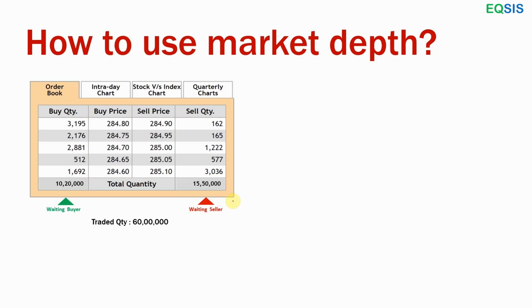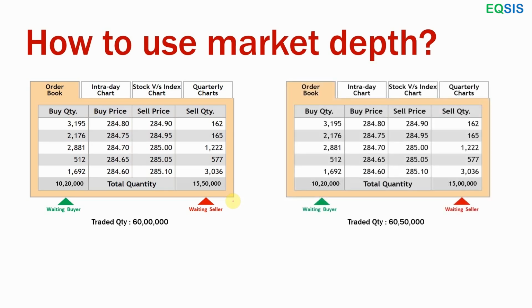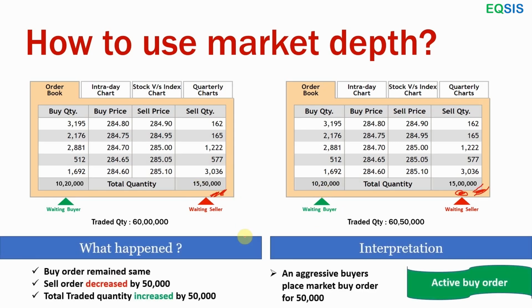It is very important to see this now. Look at this change. There are about 10,20,000 buyers, and still it is 10,20,000 buyers. But look at the seller. I can seriously see a big drop in the seller quantity. Meanwhile, surprisingly, the traded quantity has increased by 50K.